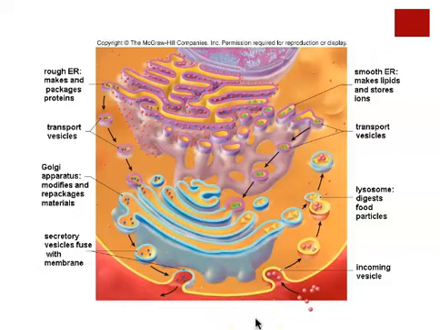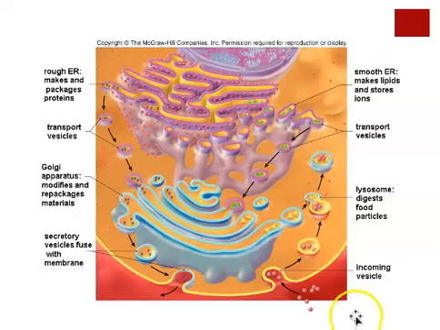Now remember, lysosomes are also part of the endomembrane system, and lysosomes are best thought of as organelles that digest materials that the cell doesn't need anymore. They break materials down and recycle them.